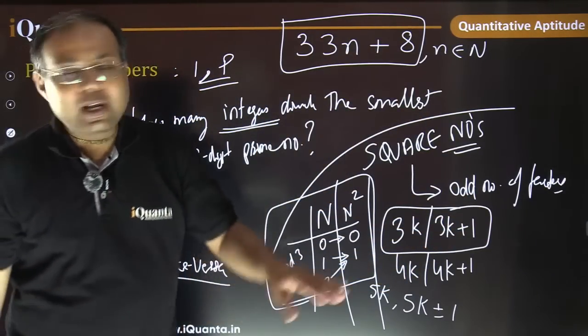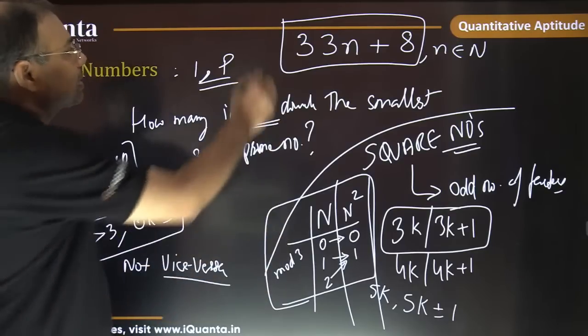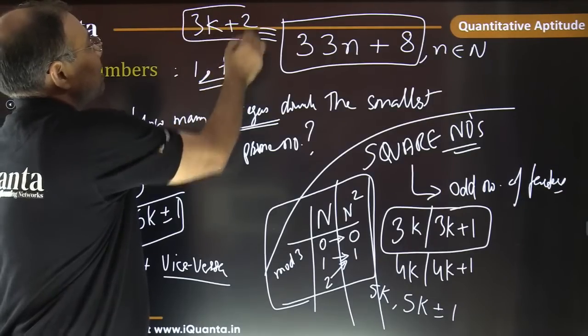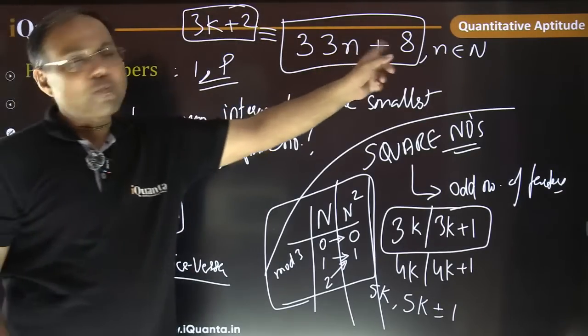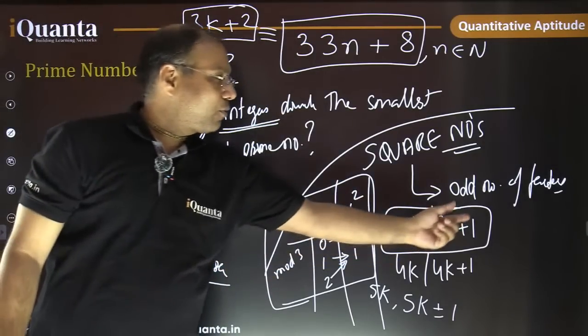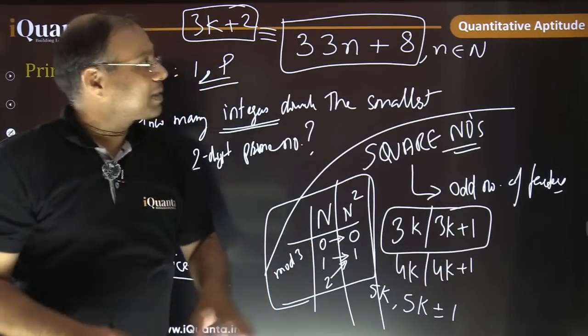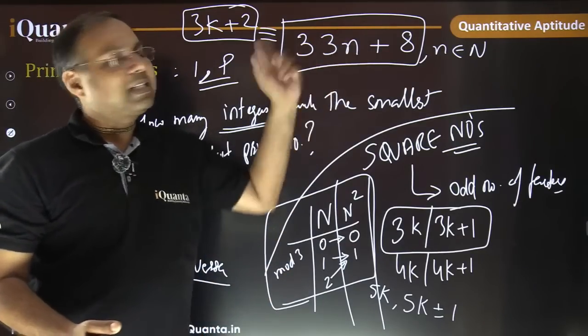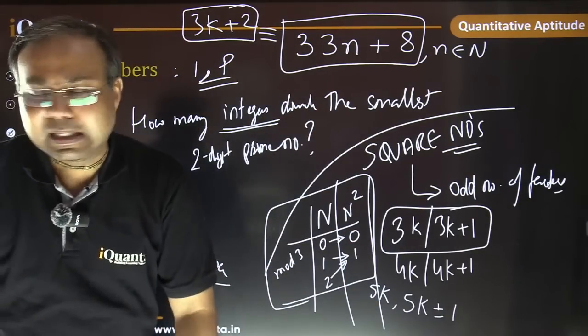Isn't it? So only I have used that part. So this number is certainly of the form 3k plus 2. When this number is divided by 3, the remainder obtained is 2. है ना? And that cannot be a possible form for a square number. So it confirms कि n की value कुछ भी ले लो, you can take any value of n. This number is never going to be a perfect square. That is the only logic.